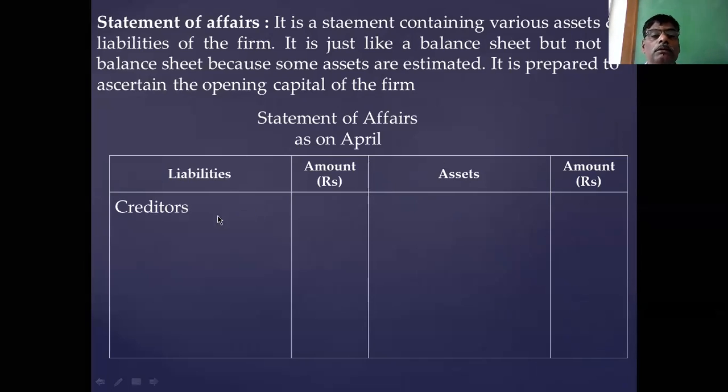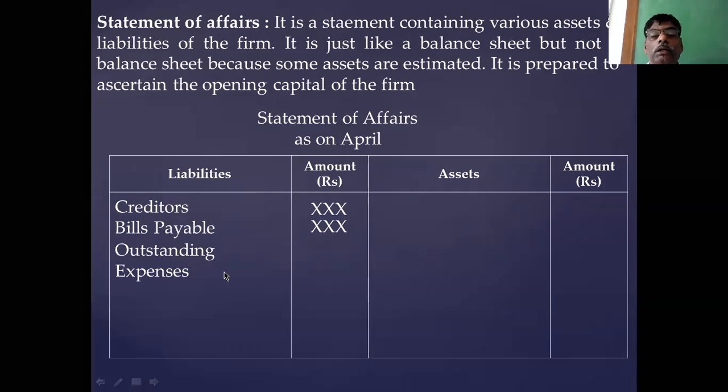You write the liabilities. First is creditors, opening creditors, bills payable, opening, then outstanding expenses. If there are any outstanding expenses on the opening date, it may be outstanding salary, outstanding rent, outstanding wages, like that. Outstanding expense you take.